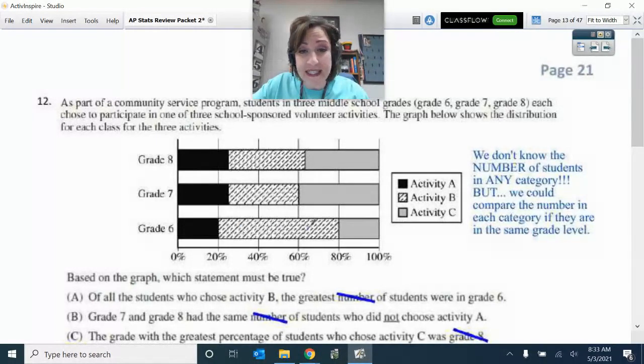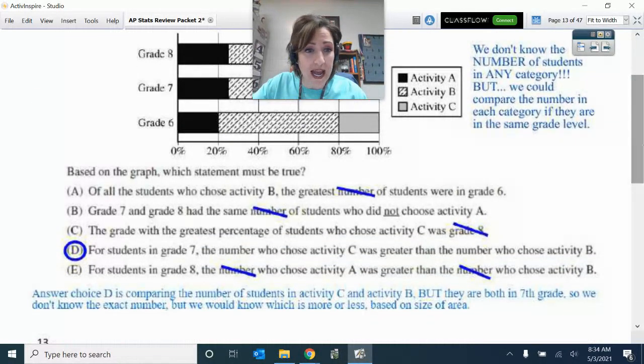For example, I can see 6th grade would have a higher number in this activity B, higher than 6th grade has in activity A or C. I can compare this out of the same total. All right, so that is what happened with all of these.